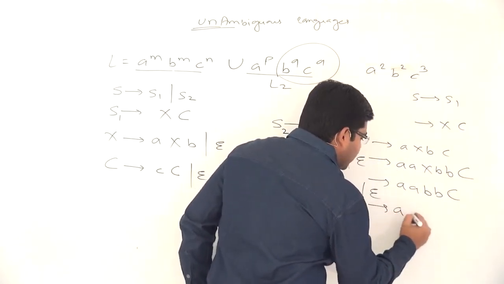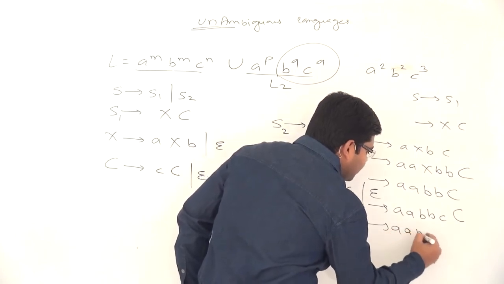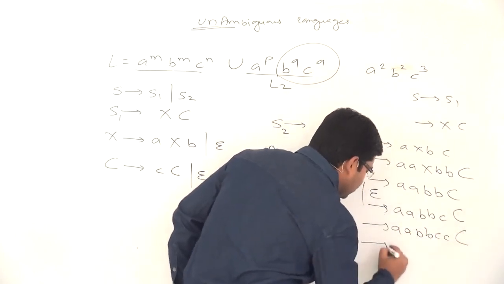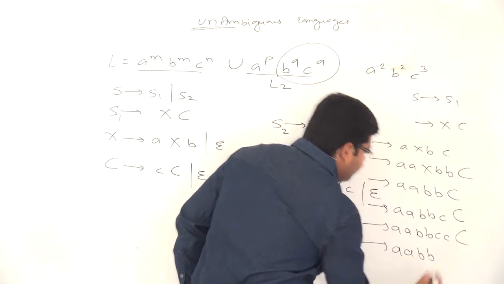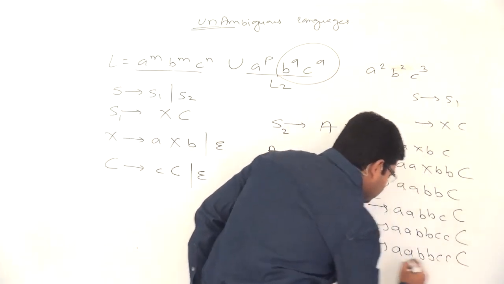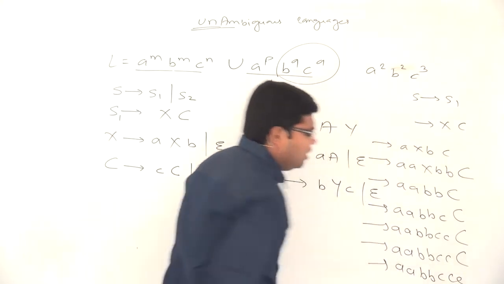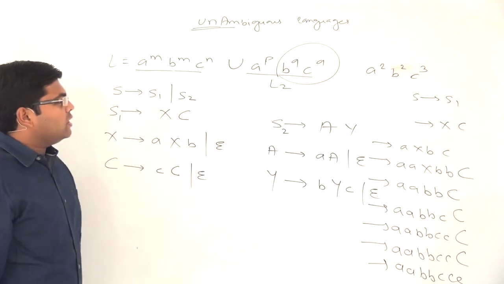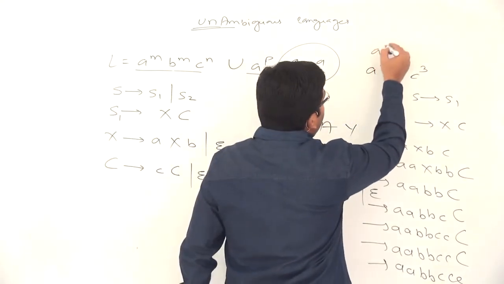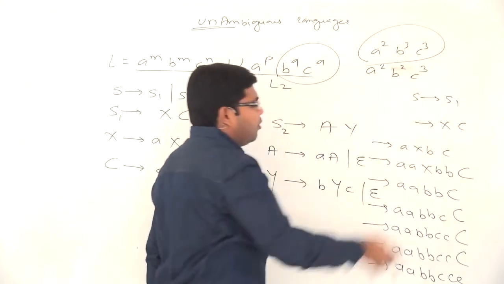So we write A A B B small c, capital C, again A A B B C C, and finally A A B B C C C. Likewise, whenever you get an equal number of B and C, it can be generated with the help of S2.